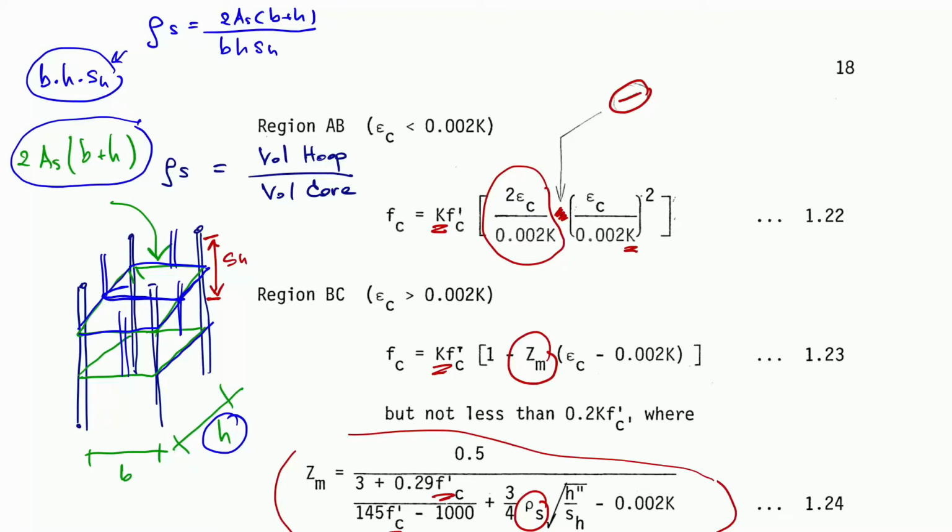The most effective hoop is the circular shape, but in the rectangular shape, when the pressure comes out, you are under bending. So a small length like this will be more effective.